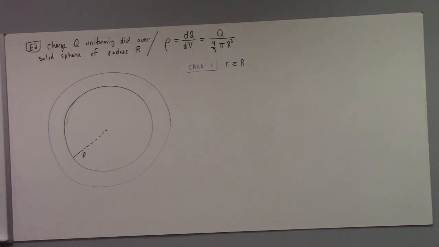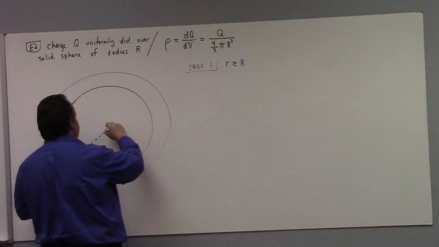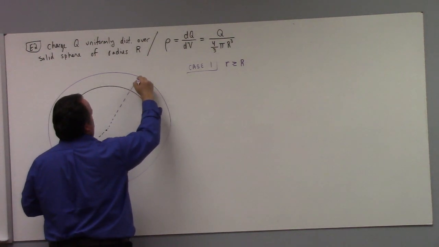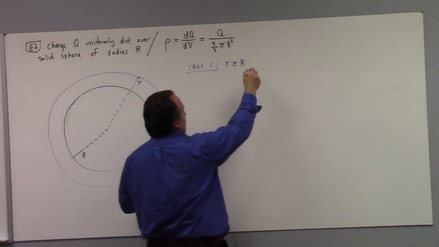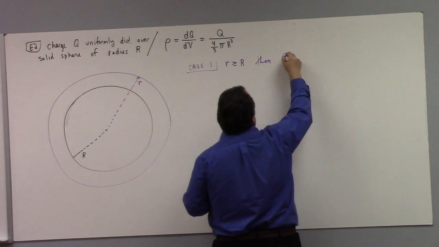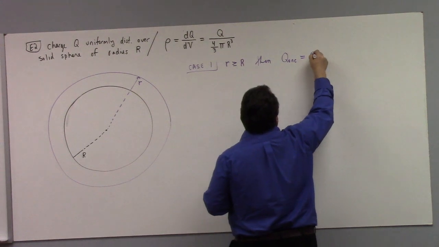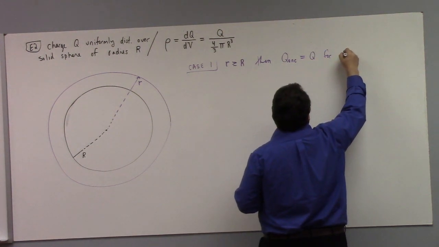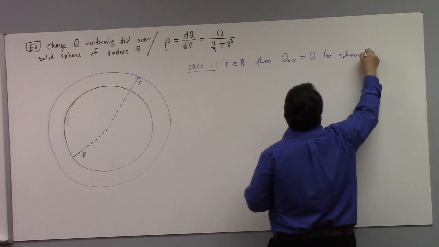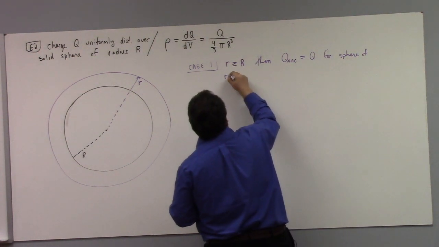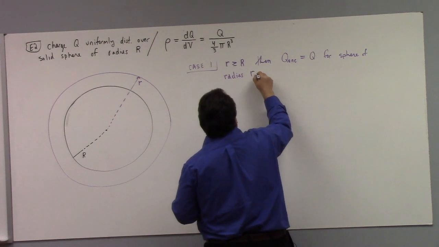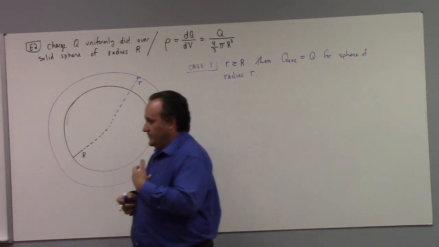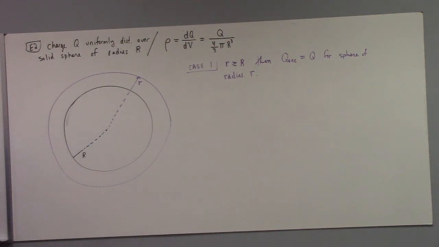I'm just drawing a circular representation of the sphere because it's a good way to draw the picture. If the Gaussian sphere is out to here, if r is greater than R, then the charge enclosed is equal to Q for the sphere of radius R, right?